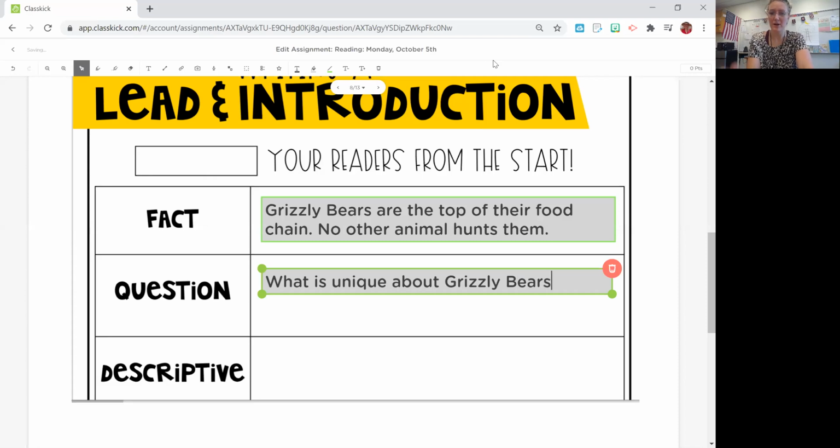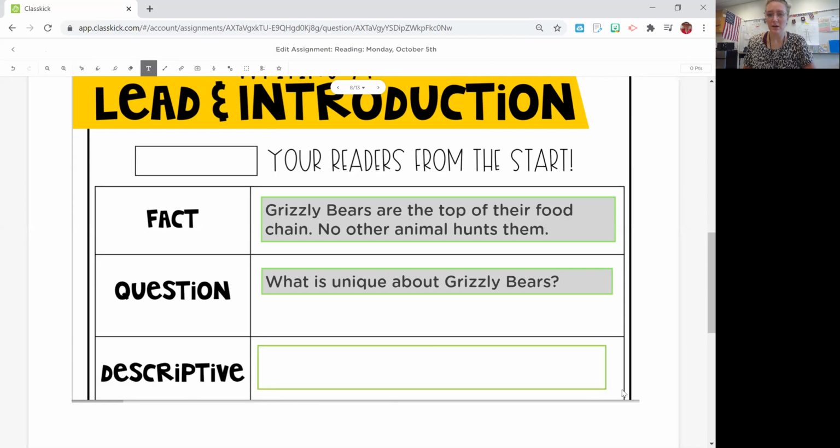Because maybe they've heard about different kinds of bears but don't know specifically about grizzly bears. And then I can start being descriptive and explain my topic.